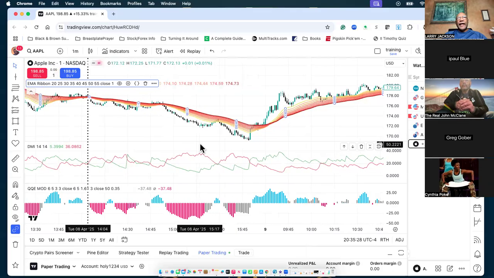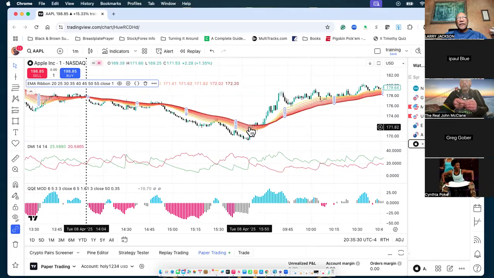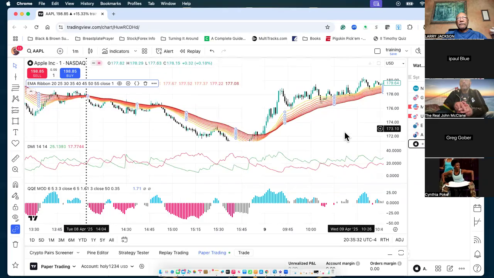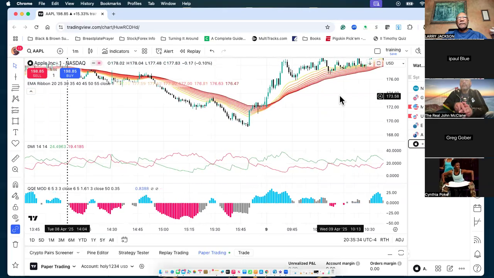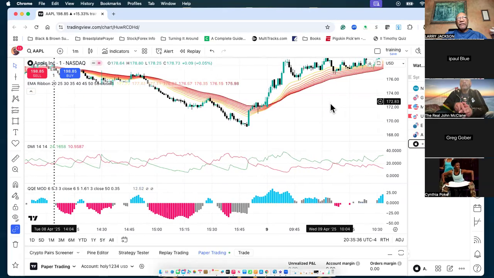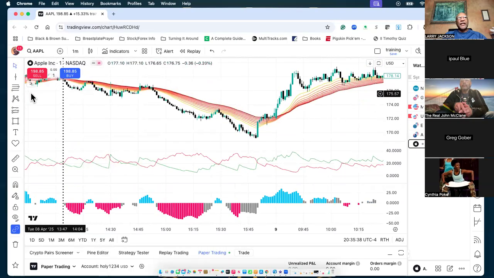So when I'm in the ribbon, no trade. I have to be above the ribbon, so that what I'm trying to do is make sure that I have high probability trades. I don't want low probability trades.